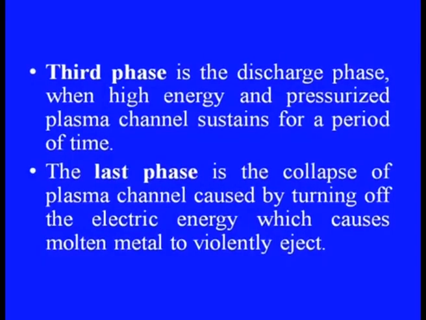I have indicated how the vapor bubbles are produced in that sparking zone. The third phase is the discharge phase, when the high energy and pressurized plasma channel sustains for a period of time. The last phase is the collapse of the plasma channel caused by turning off the electric energy, which causes molten metal to violently eject.